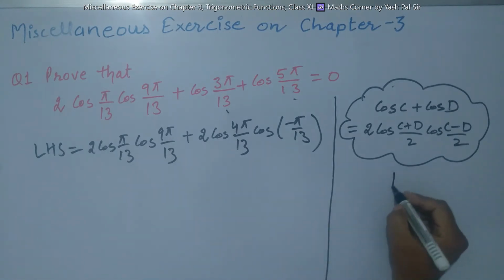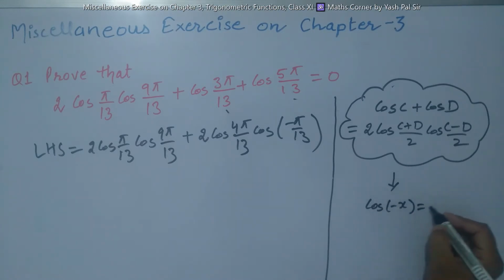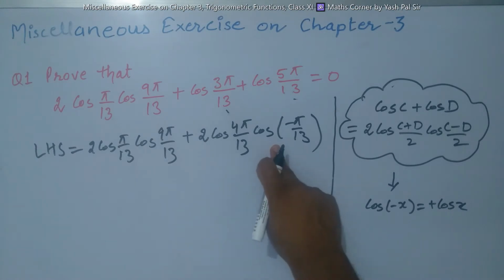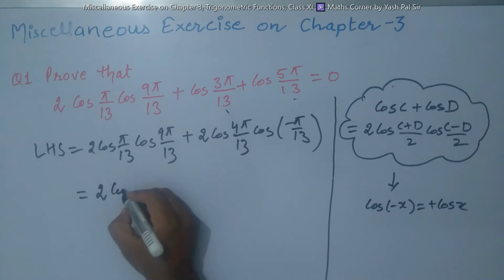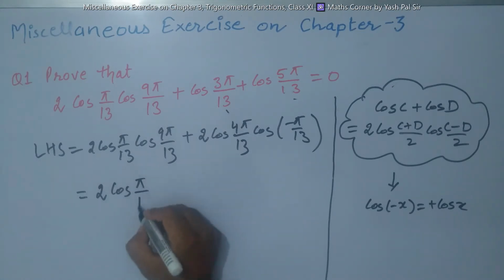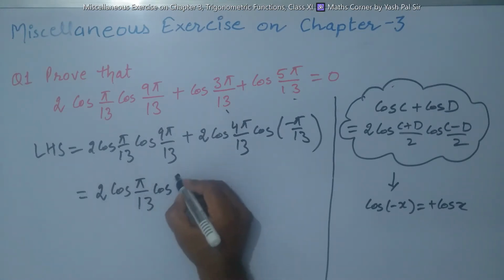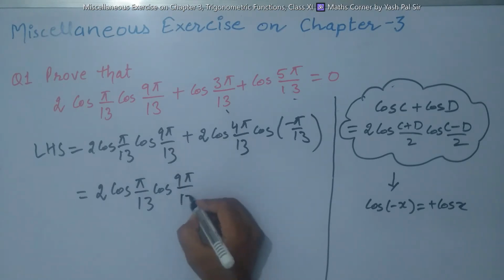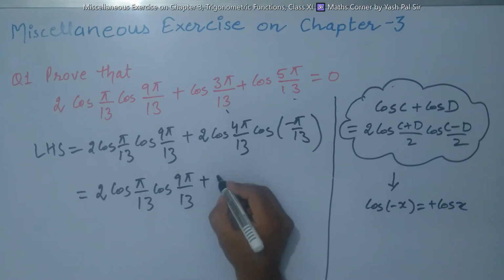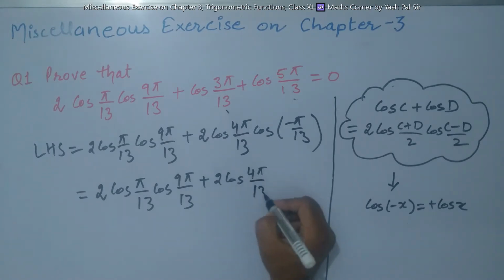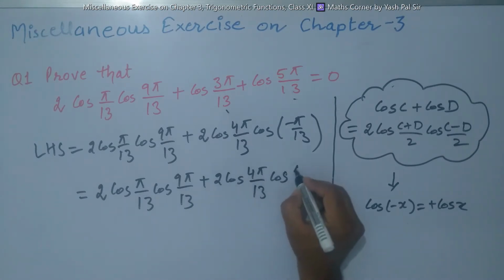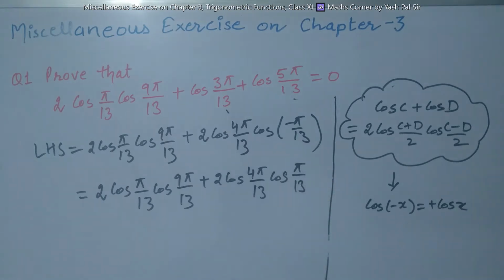So again we know cos of minus x is equal to plus cos of x. So here we shall follow this rule. So what happens, this becomes 2 cos pi upon 13 cos 9 pi upon 13 plus 2 cos 4 pi upon 13 cos pi upon 13.